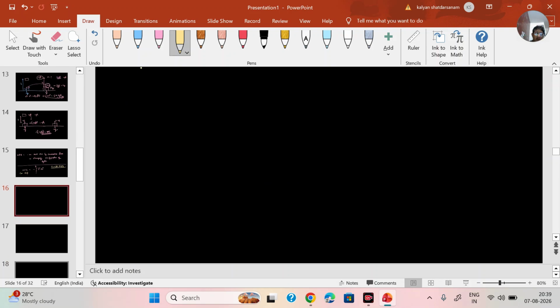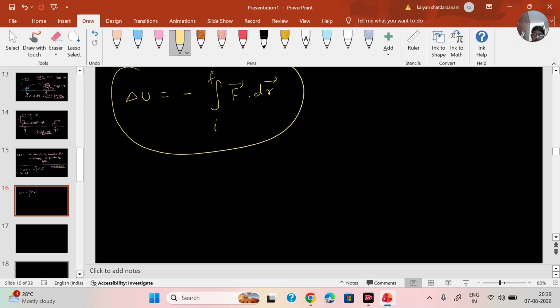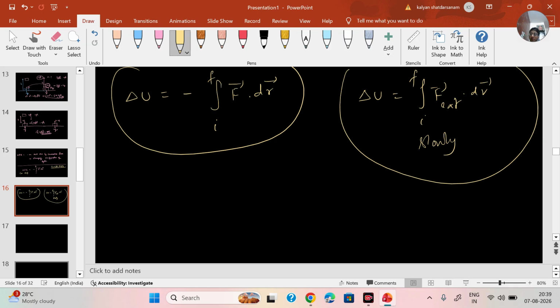So change in potential energy is negative of work done by conservative force in changing configuration from initial to final, slowly not required. Whereas if you define it in terms of work done by external agent in changing configuration from initial to final, slowly is required. Both definitions give the same answer, but the first one is more convenient because you are not placing any restriction called slow or fast. But in the second, when you find work done by external agent, the restriction is important.